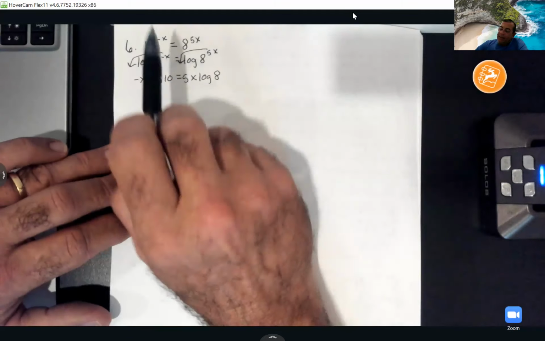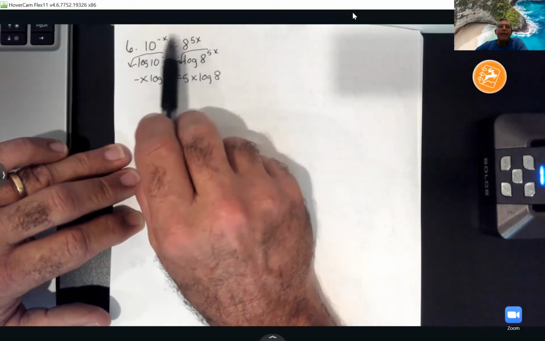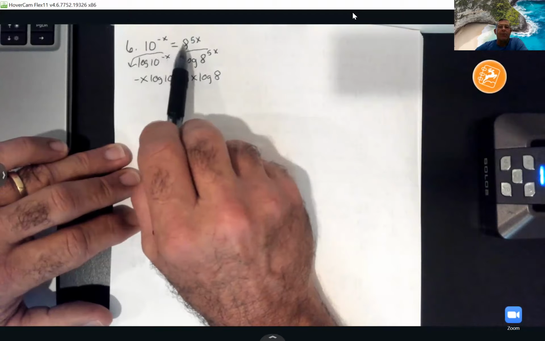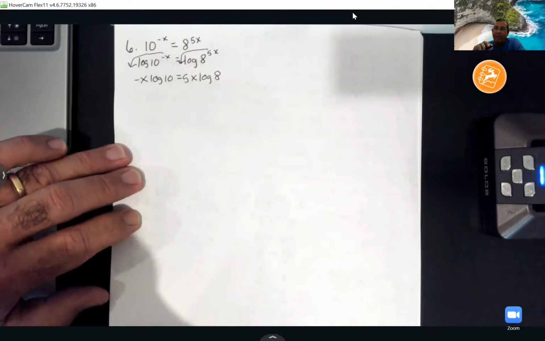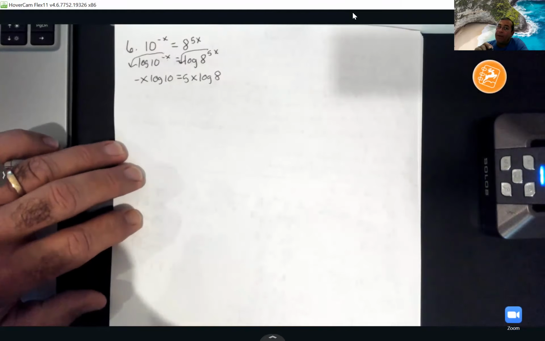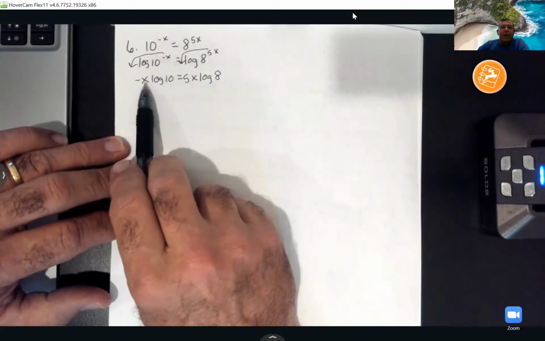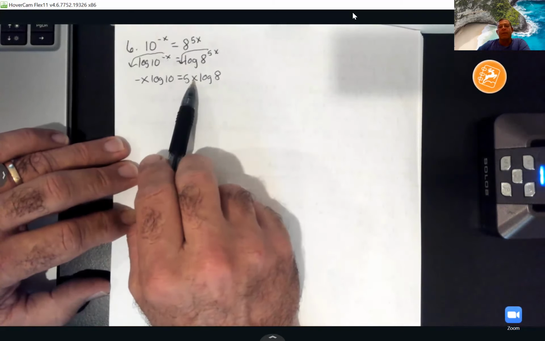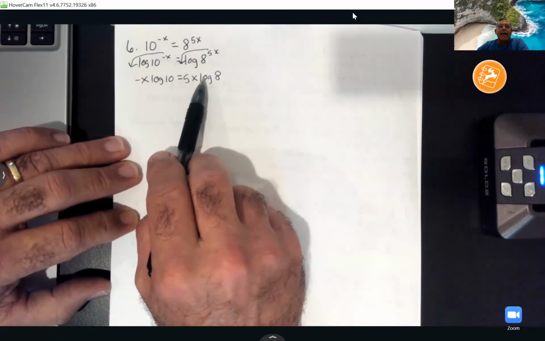Now, I will say this. There's only one exponent that I can technically put in for each of these that'll make these two things equal. And y'all watch when we're done. It's going to sort of be an obvious exponent when we're done. So now I got an x over here, and I got an x over here. So what I need to do is get all these x's on the same side.